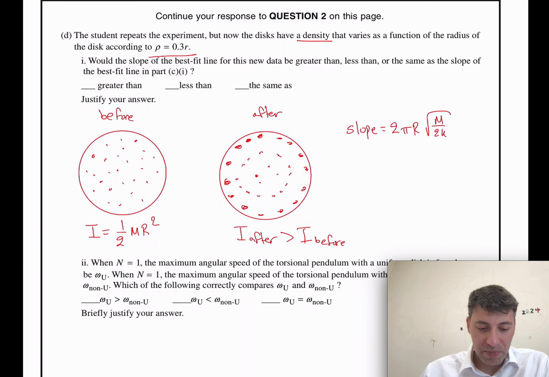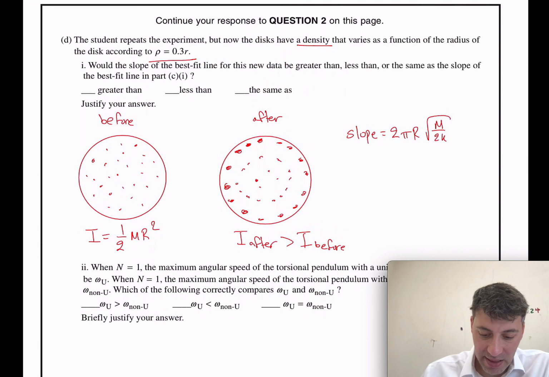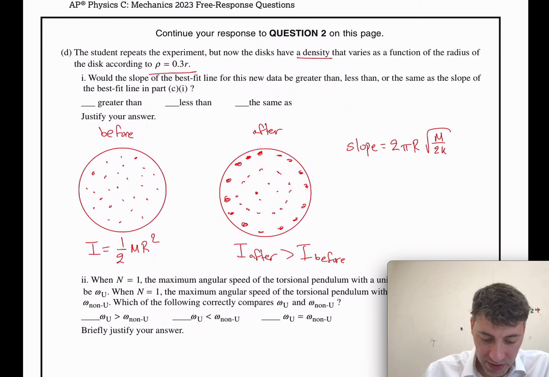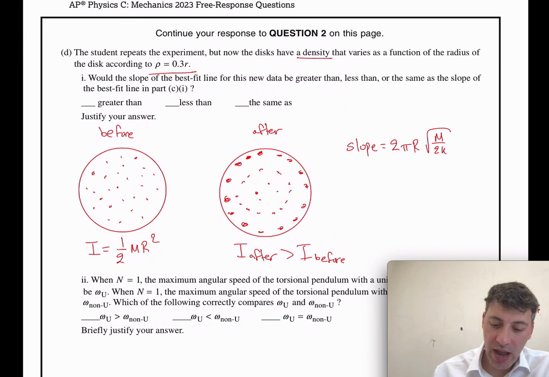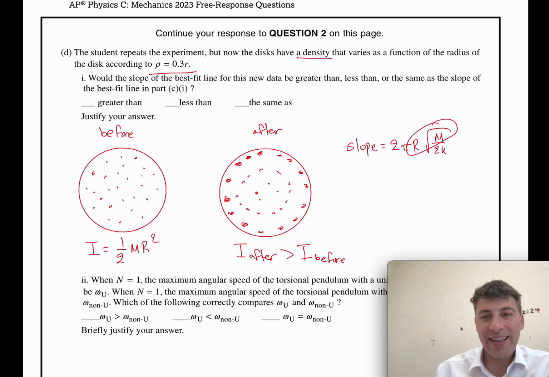So would the slope of the best fit line for this new data be greater, less, or the same with the new density? Now, this change affects the moment of inertia. More mass is distributed away from the center, so the distribution of the factor r times root of m for the new part will be greater.